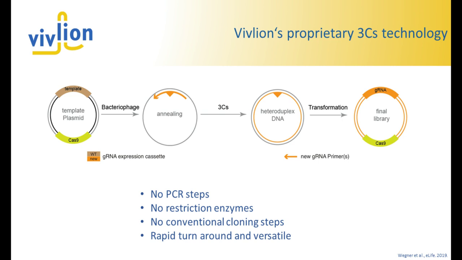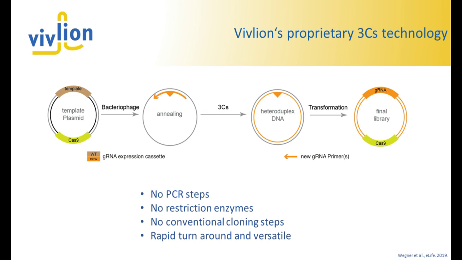The trick here is that this gray template strand is chemically modified, in a way that, during the transformation, bacteria will recognize this modification, degrade the gray strand, and only amplify the newly synthesized orange strand, thereby producing the final library in a pooled manner.